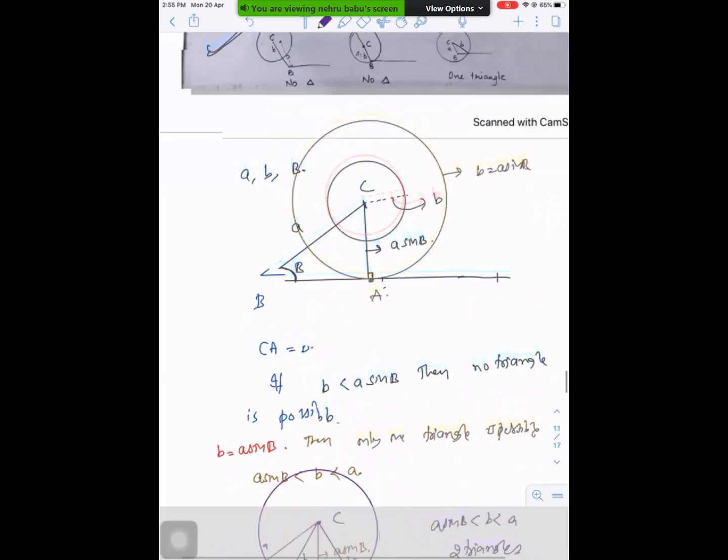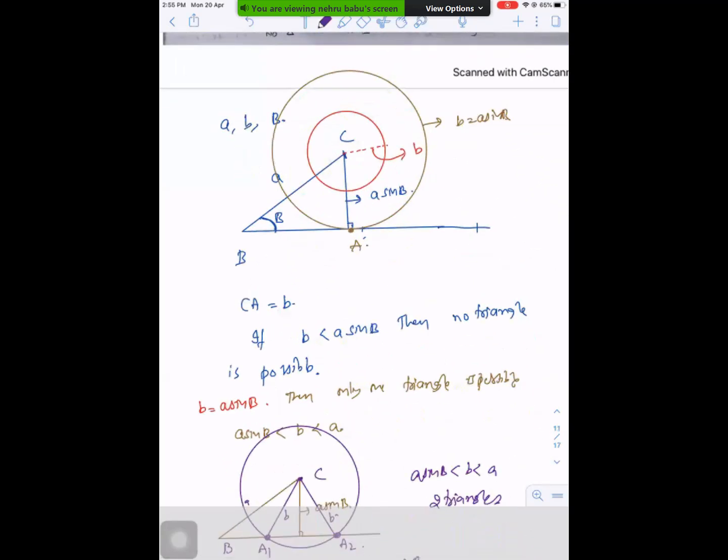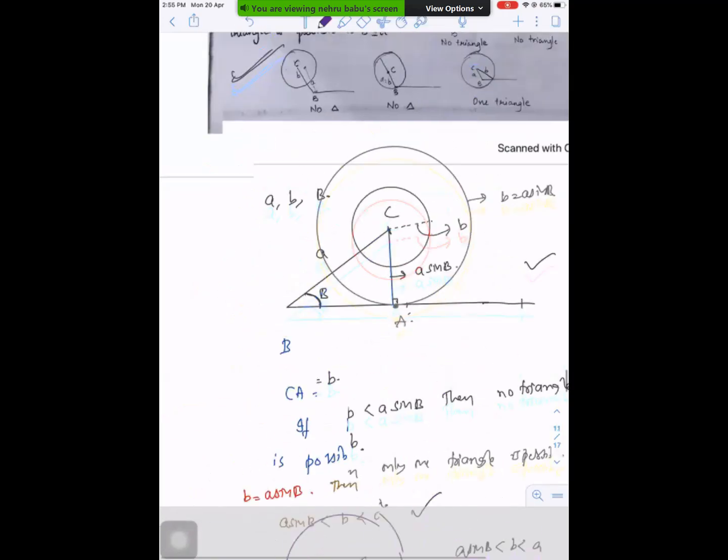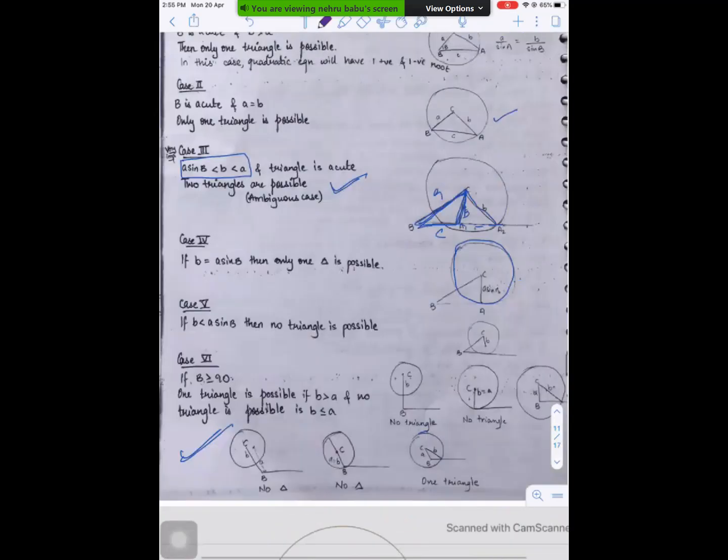You can see this case: here you will get two results, here you will get one result or zero results, and here you will get only one result. That point only we discussed in these cases: b equal to a sin B, b less than a sin B, b greater than a sin B. Up to the angle B obtuse situation, our diagrams are like this.